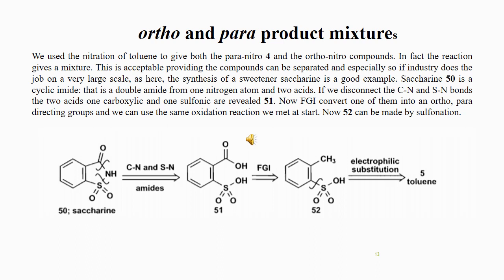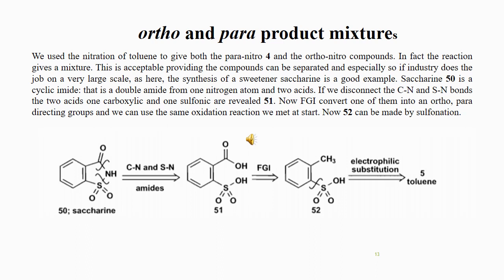So what we do is FGI. We did FGI at that time also. We produced the benzoic acid or carboxylic group on the aromatic ring by the oxidation of methyl. So we can take toluene.